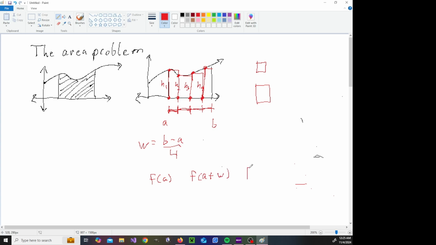The third would be moving forward by 2 widths. And then that fourth term would be what we get when we move forward by 3 widths. So these are the heights of each one, but I want the area of the rectangle, so I multiply each height by the width. Then to get the total area, I would add each of these pieces together.